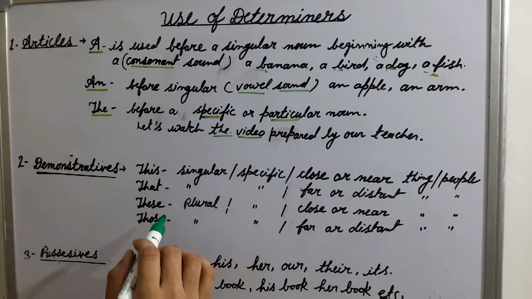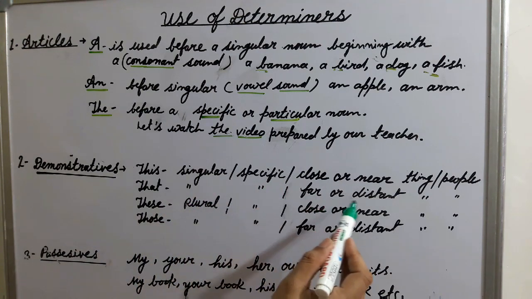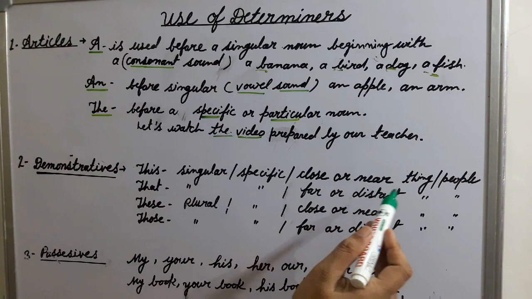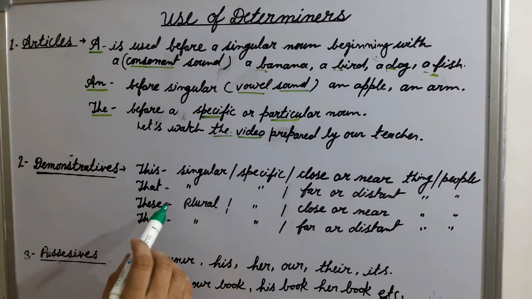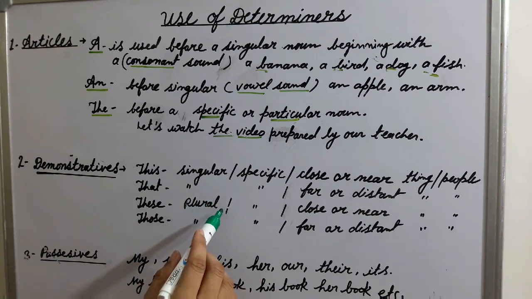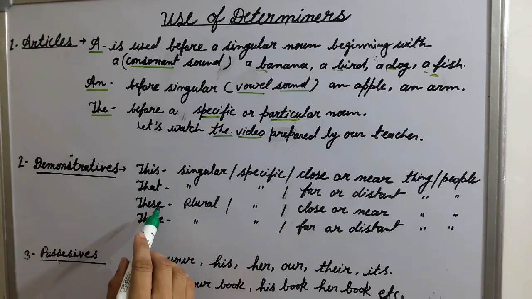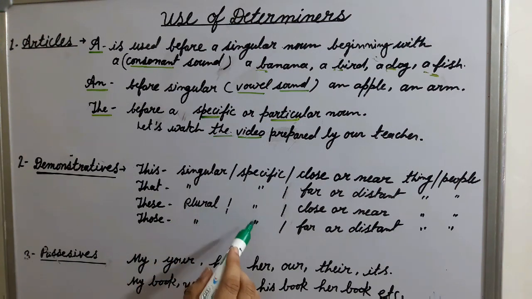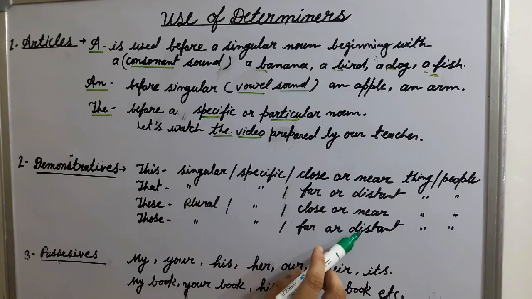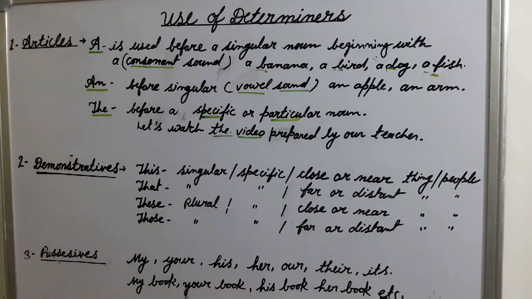That is used for singular, specific but far or distant thing or people. These is used before plural but specific, and those before plural, specific, and for distant objects, things, people, or nouns.